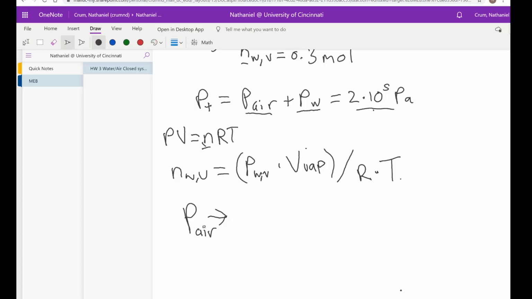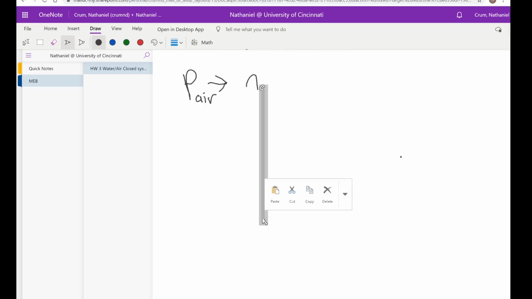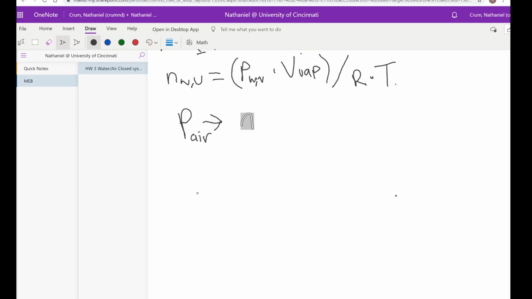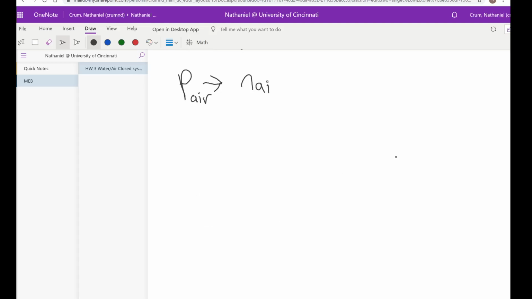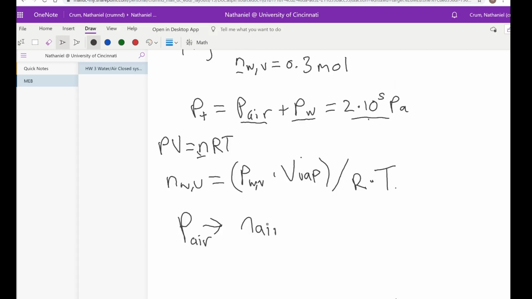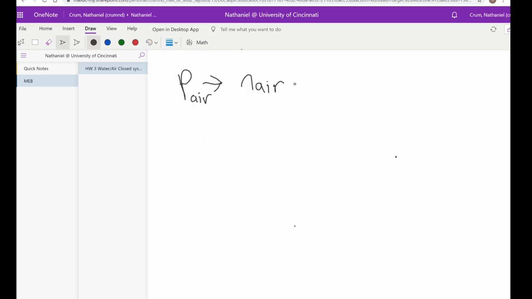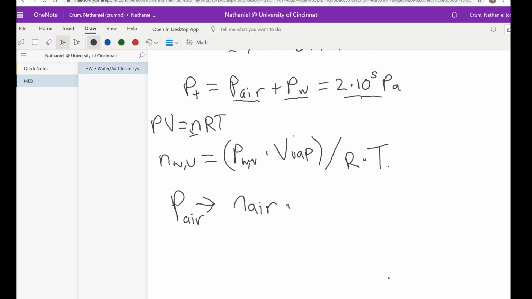So we know our pressure of air, from the PV equals nRT equation, is the moles of air times R times T, and then this can be all over the volume in the vapor phase.